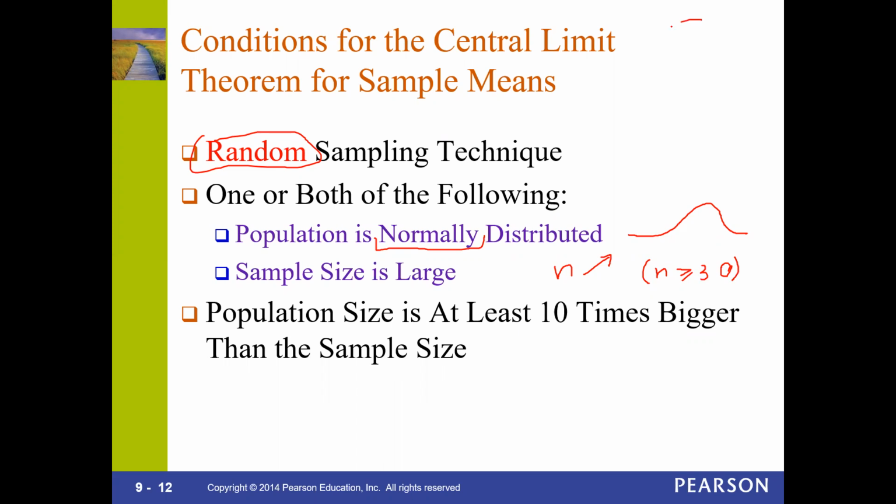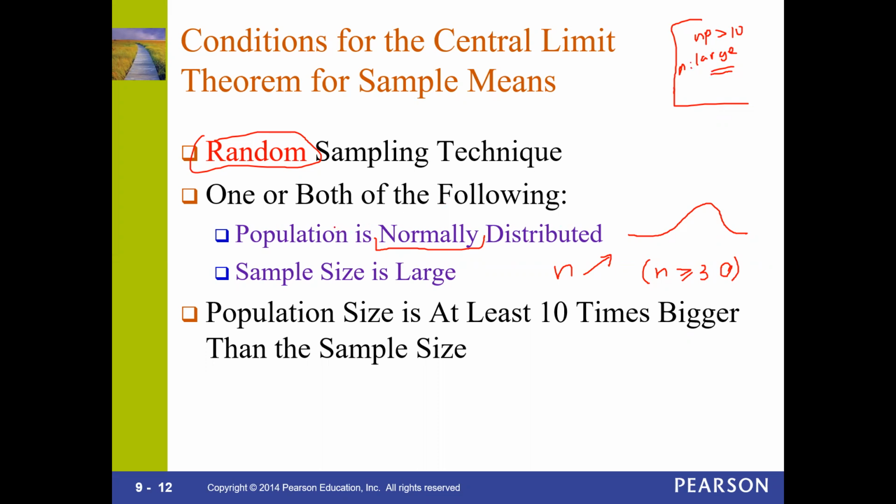Whenever you use it for proportion, it's np greater than 10, and that means this is large. But now for the mean, it's going to be greater than 30.